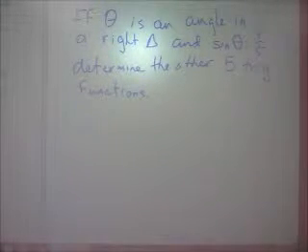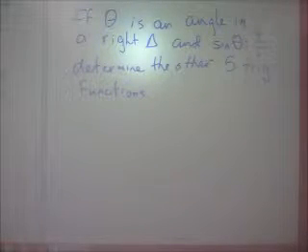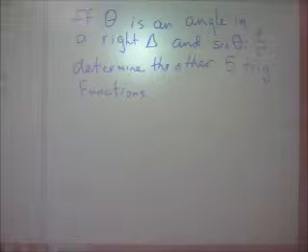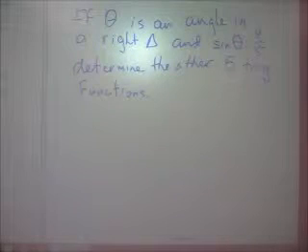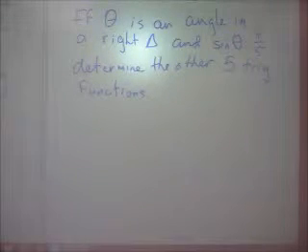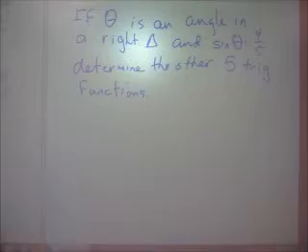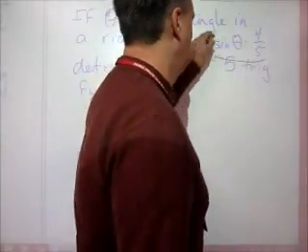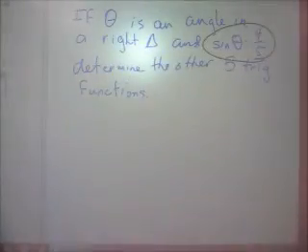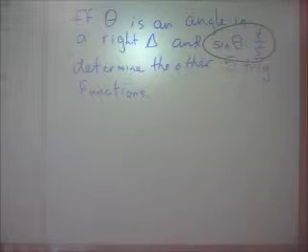Is there anything important that you would like us to underline or highlight or circle out of this set of information? 4/5. What do you want to do with 4/5? Well, sine of theta equals 4/5. What do you want me to do with that? Circle it. Okay, so that's probably important. Anything else important out of here? Do we want to underline what the question wants us to determine?